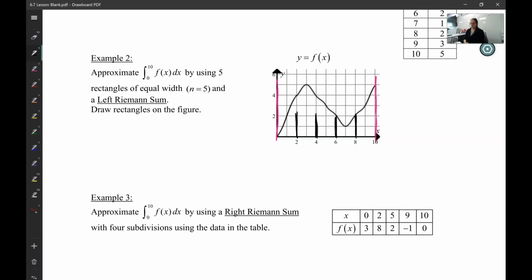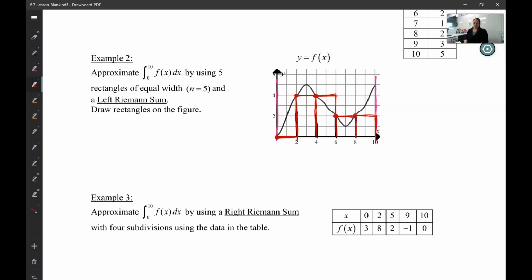And I want a left Riemann sum. So let's see, use the left-hand point on this width, so that one's there. Use the left-hand point from this width, so that one's there. Left-hand point from this width, so that one's there. Here's this width, use the left-hand point, so right there. And this last one, use the left hand, and it's there.